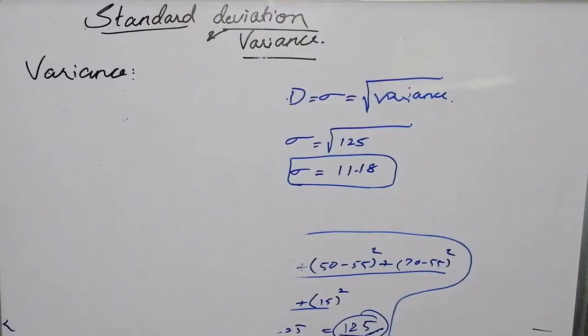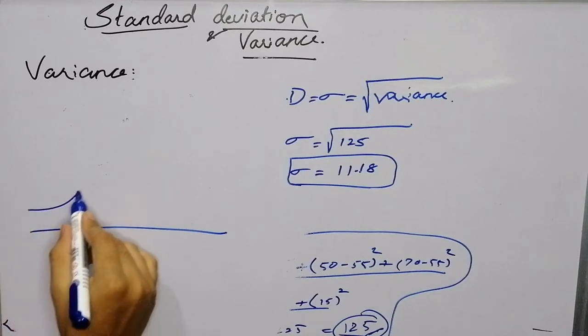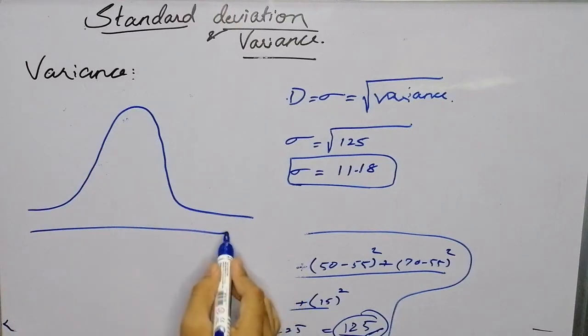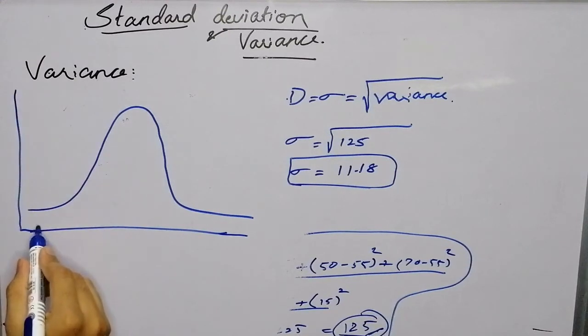We also use standard deviation in order to know if the given data is normally distributed or not. For example, any given data, if it's normally distributed, will be in the shape of a bell.